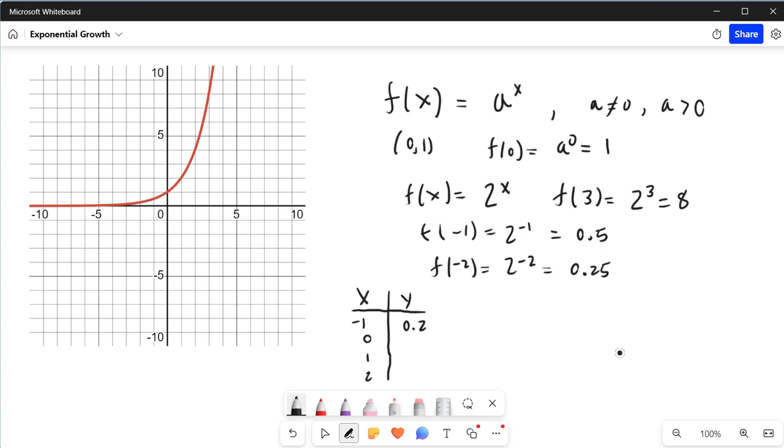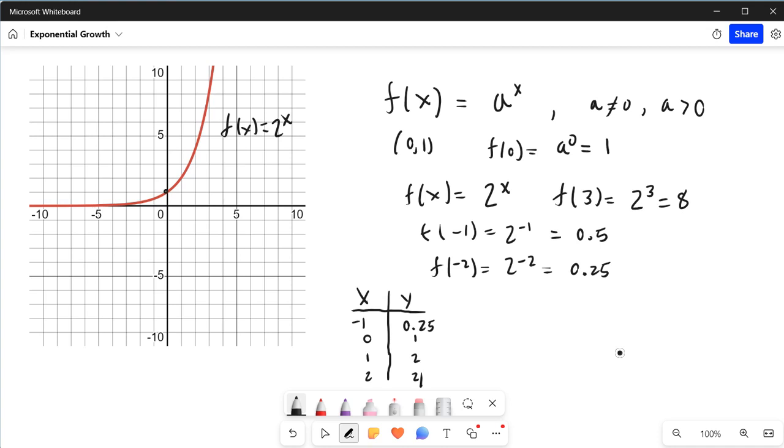So here we got 0.25, we got 1, we got 2, and then we got 2 squared. Well, we didn't do that one, but 2 squared is actually just 4. So we have 4 for that one. Now, plotting these points, you'll see that this is actually the graph of f of x equals 2 to the x.